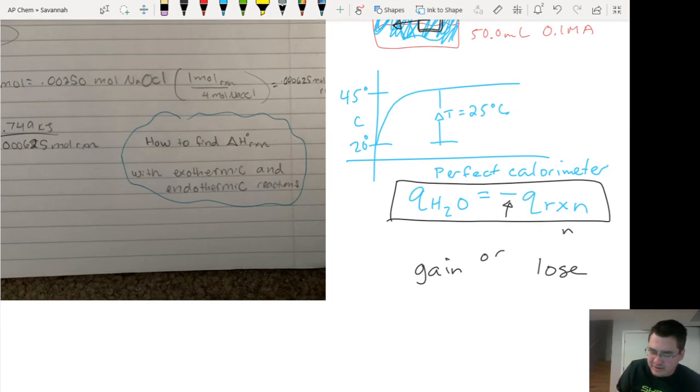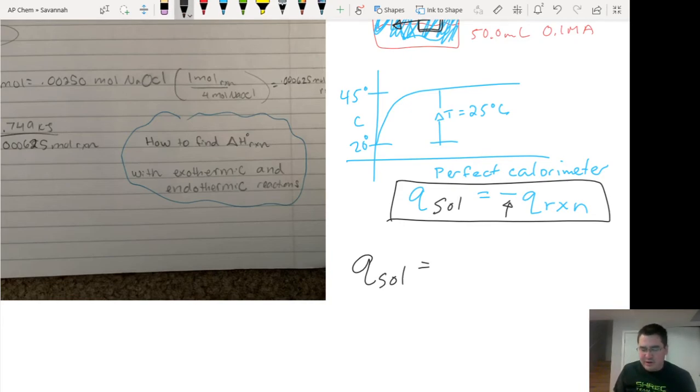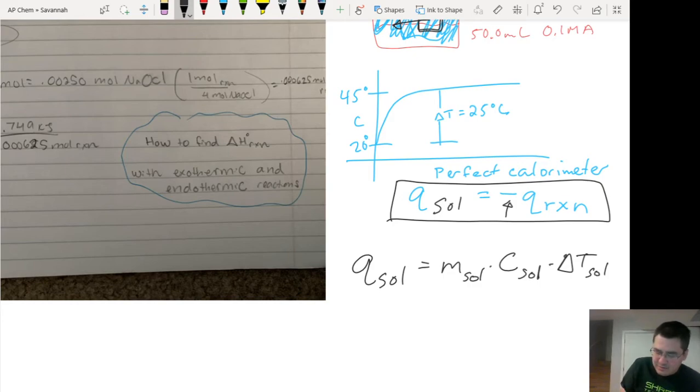So we can go through this now that we know, let's say Q for the water. We do this all for the water. They actually don't call it water, because it's a mixture, they call it solution. Yeah. Okay, well the Q of the solution is equal to the mass of the solution times the heat capacity of the solution times the change in temperature of the solution. We know the mass.